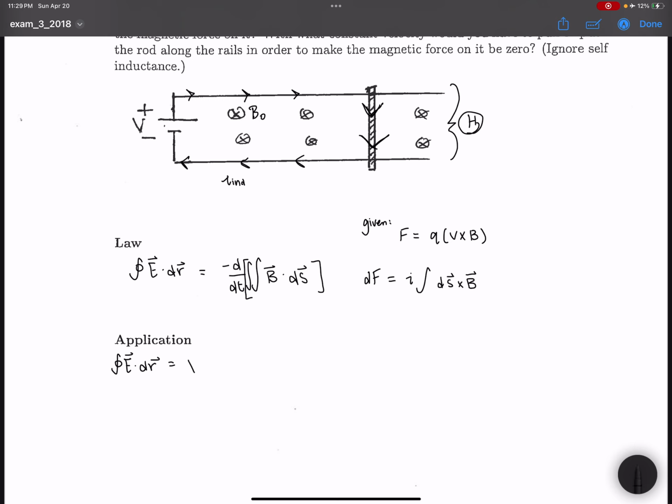Because it's decreasing the voltage. I'm going to say that x equals 0 is where the battery's at, and x is in this positive right direction, and z is into the page, and y is going down. I want z to be going in the same direction as the magnetic field.